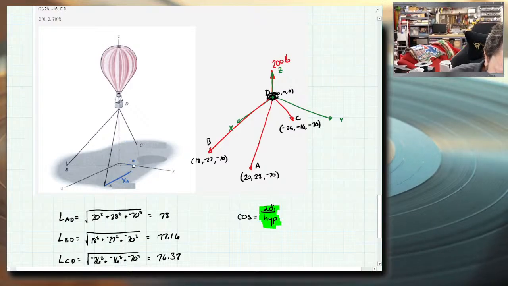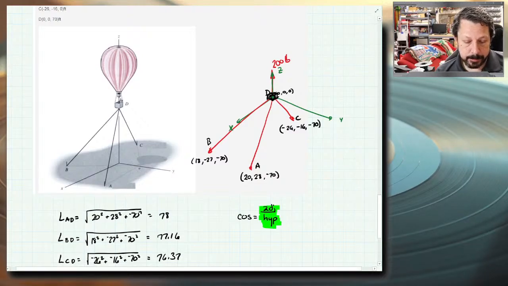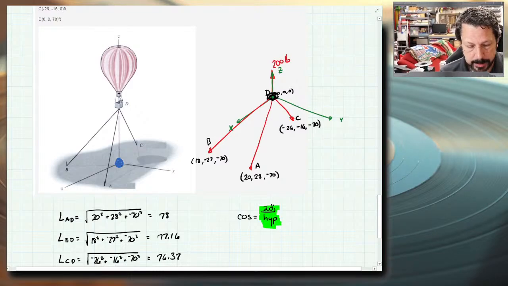So when working these 3D problems, for me, and probably for most people, but not necessarily everyone, it is simpler to have your origin for your coordinate system at the same point that all the concurrent forces meet.